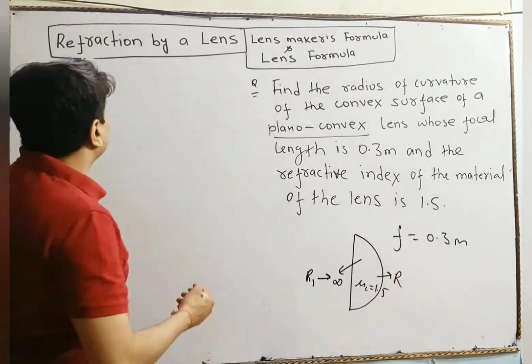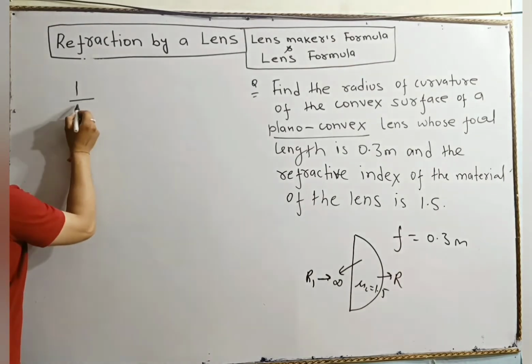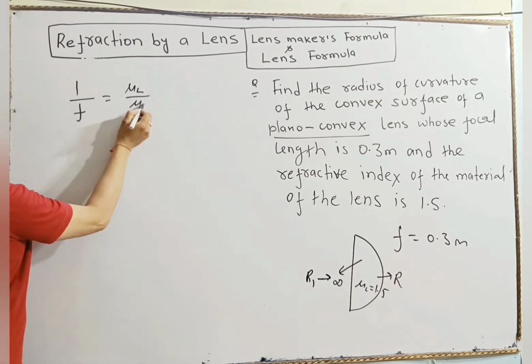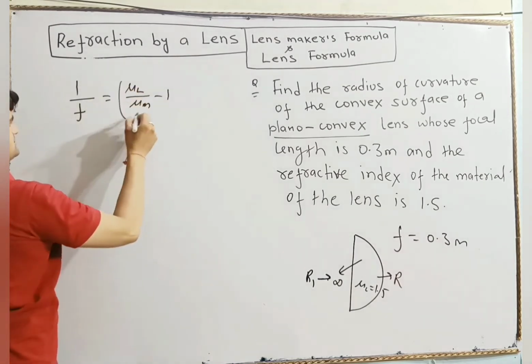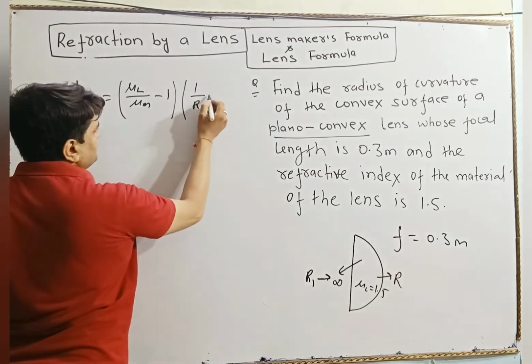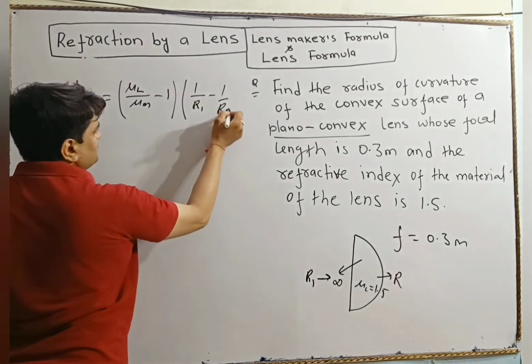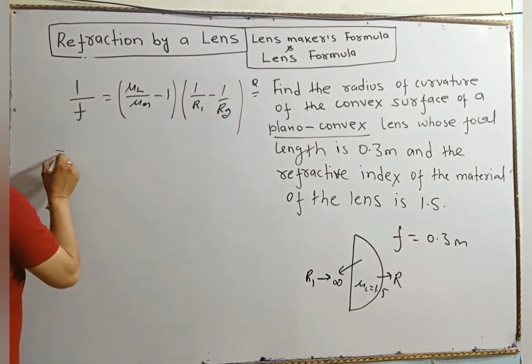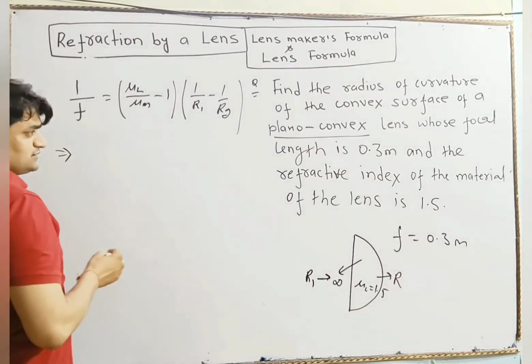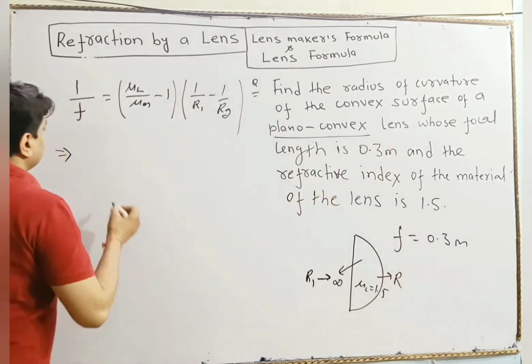Just put the value. We have the lens formula 1 upon f equal to mu l upon mu m minus 1 upon r1 minus 1 upon r2. Okay. Focal length is given 0.3 meter.